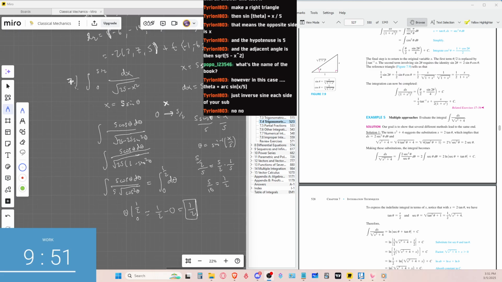However, in this case, it's just the inverse of both sides. Oops. Yep, I overstepped with that one. I forgot the sine.